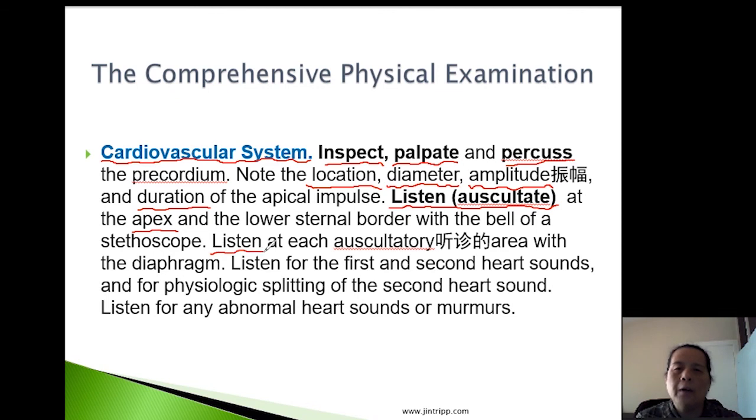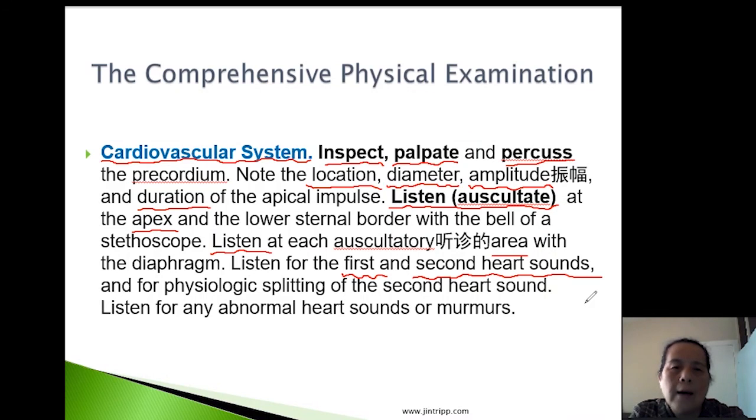Each area has a relationship with a valve. We'll still talk about some detail later. We know what the normal sounds mean. Normally we have the first sound and the second sound coming from a normal heartbeat. They sound like dum, da, dum, da, dum, da.